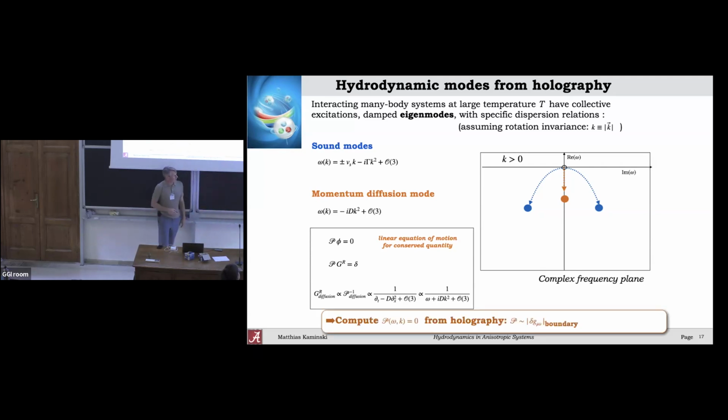So from this you can calculate these particular dispersion relations from quasi-normal modes in holography. So basically there's some equation of fluctuations that encodes exactly the same information, and involves in particular for our calculations here for this rotating case, the fluctuations of the metric.